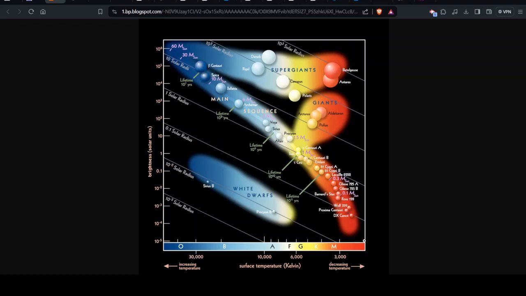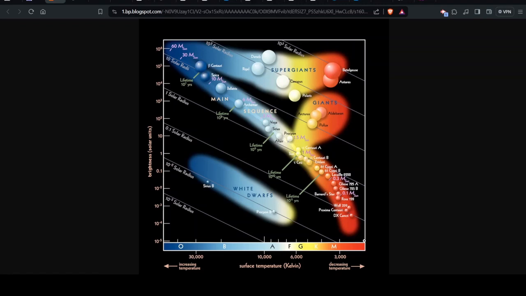This state of equilibrium, I want to say it's called hydrostatic, but I'm not sure, is known as the main sequence. So whether as a protostar you started out very small, or you started as a big huge giant, at some point you reach this stage of equilibrium, and that is the main sequence.